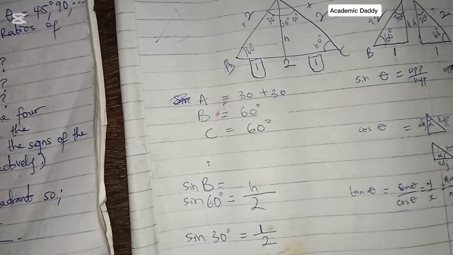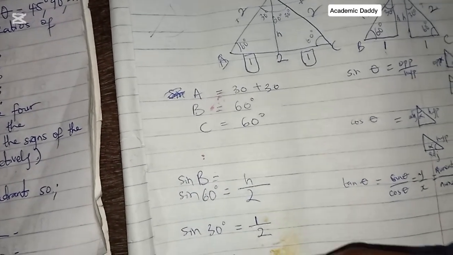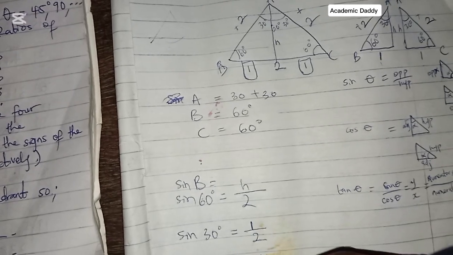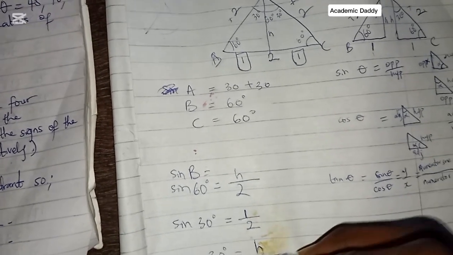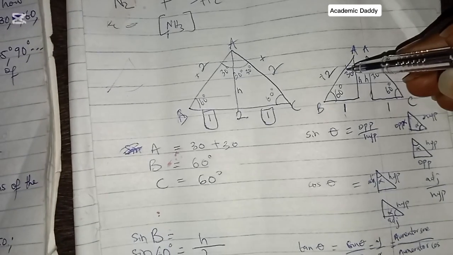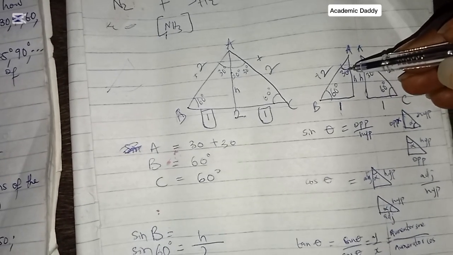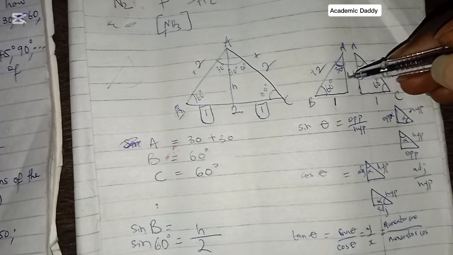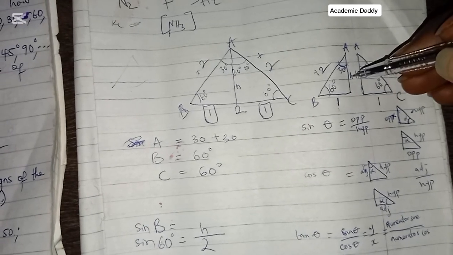So cos 30 degrees will simply be h all over 2. That is cos 30 degrees. This is 30, this is 30. This is the adjacent side, the side the angle is sitting on, adjacent over hypotenuse all over this.